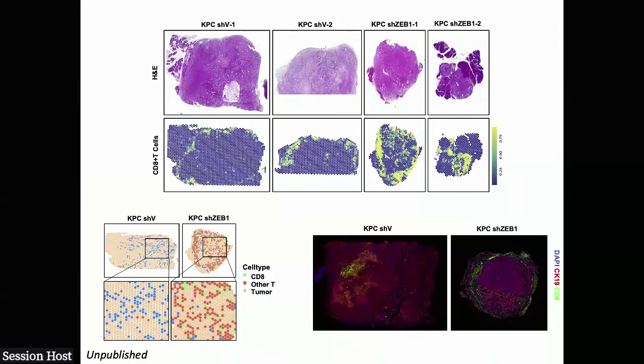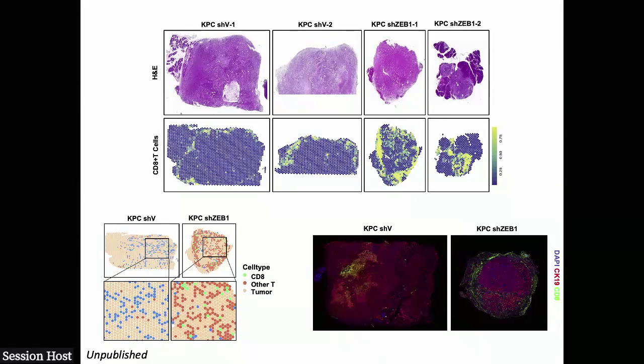And next, we verified the findings with multiplex immunofluorescence. We stained the tumor cells with CK19, as the red color indicated, and we also stained CD8 with the green color. We can see in the ZEP1 knockdown group more CD8 infiltrated.